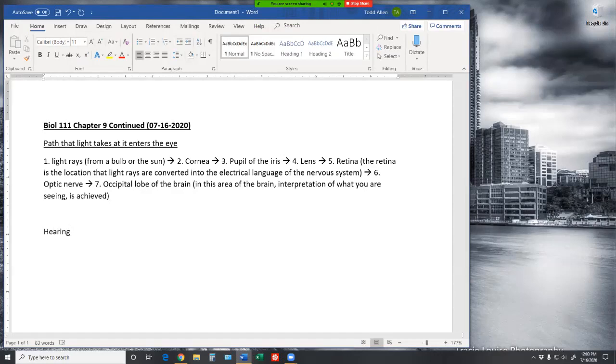Okay. Folks, to make this conversation go just a little bit faster, because we really need to get into chapter 10 today, what I'm going to do is take you along a similar flow chart, a similar pathway, which we did above in your notes for light entering the eye, but we're going to do the same thing for sound waves entering the ear in an attempt to give you the basic overview of how your ears allow you to hear. And honestly, your ears are very, very important, but just like vision, the eyes were important, and then the brain did the interpretation.